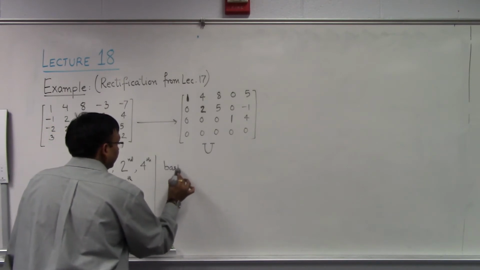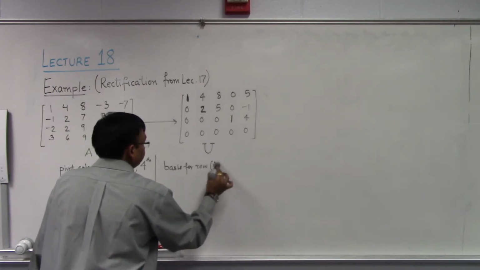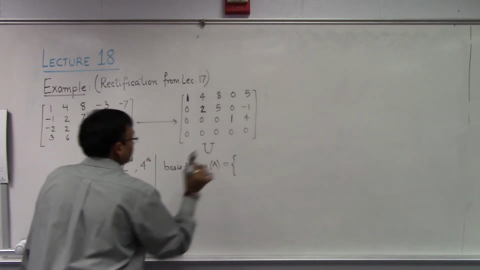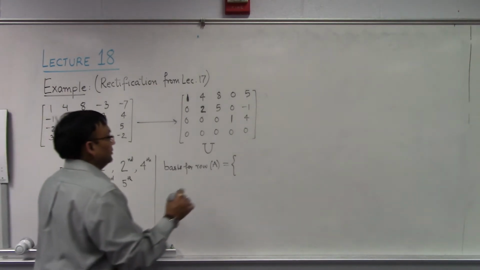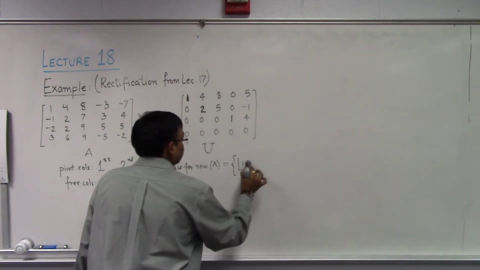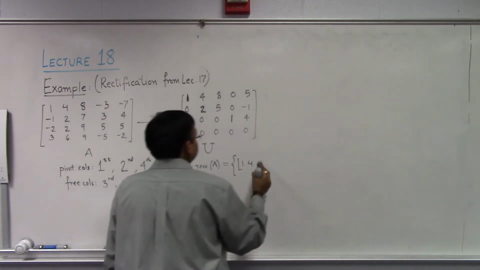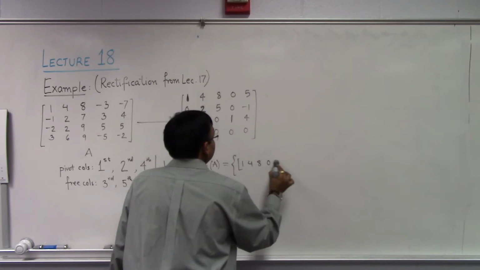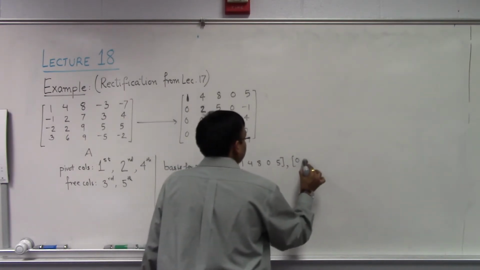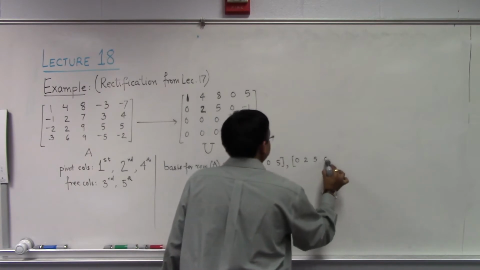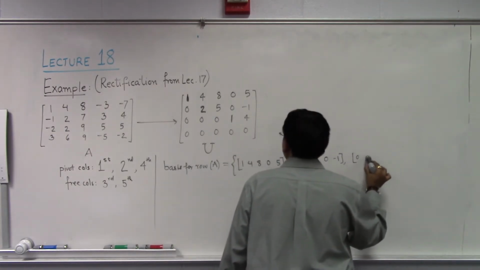So what should be the basis for the row space of A? Remember, we can get the information from the echelon form itself. Last time I said it will be two-dimensional because mistakenly I forgot about this as my pivot column. However, with this fix, we can now claim that it is going to be a three-dimensional space.